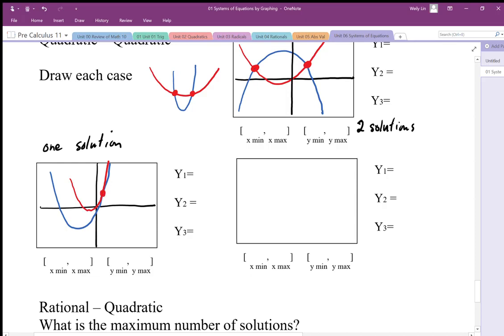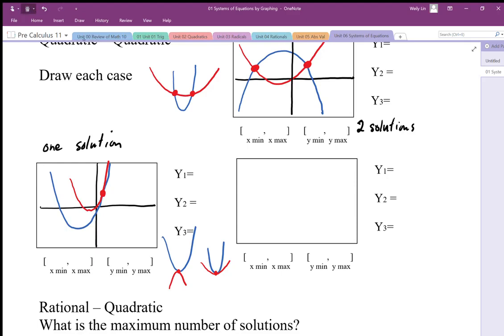We could also have a one solution situation where the vertices match, where the vertex just touches, like that. Or I could have the same vertices touch facing the same direction, one narrow and one wide, where the vertices just touch. So there is more than one example when we have one solution, so one solution is algebraically possible.